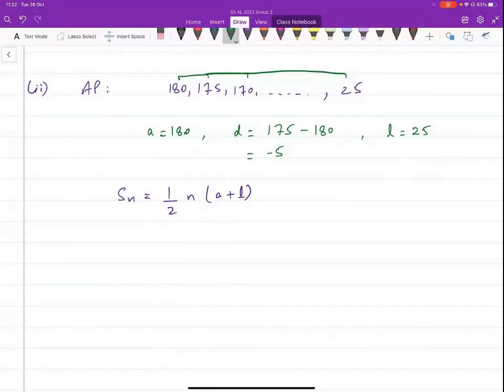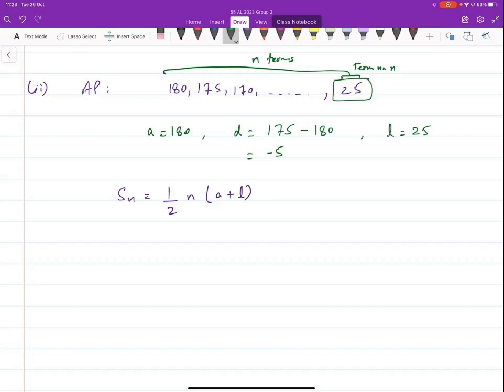That's the problem. Now, what you can do is, you can say these are n terms. What is the last term here? What is the nth term? This is term number n, right?